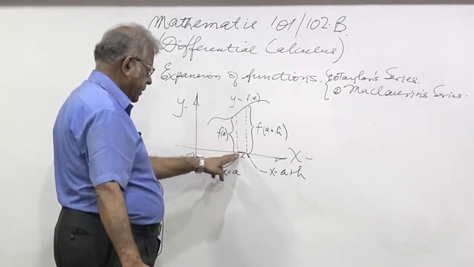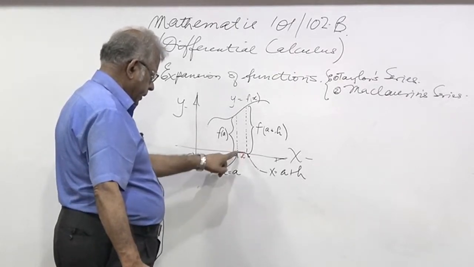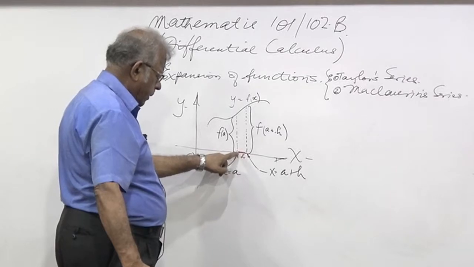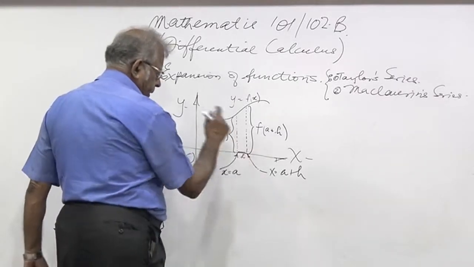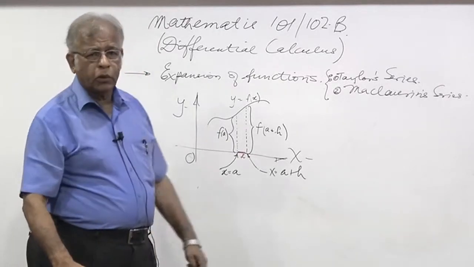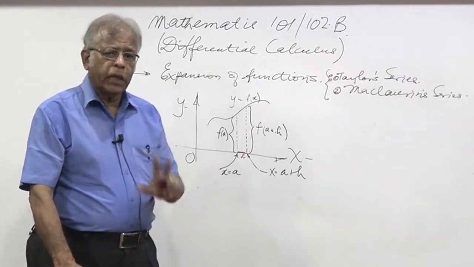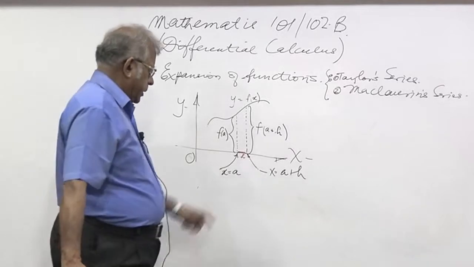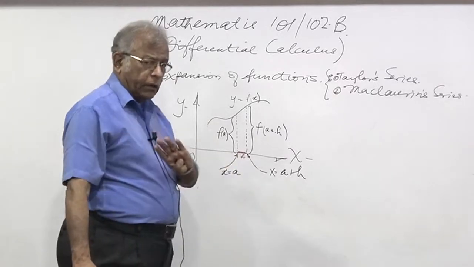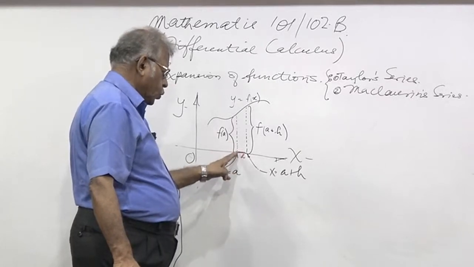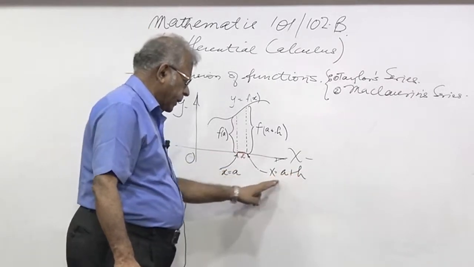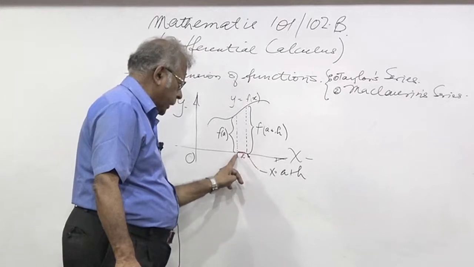We have taken a point (a, 0). The value of x here is a. And there is another point, I would like to call it a neighboring point. h can be anything, but generally we take h close to zero, that means the value a plus h, the neighboring point, is very close to a.